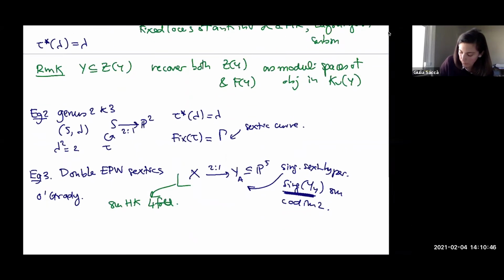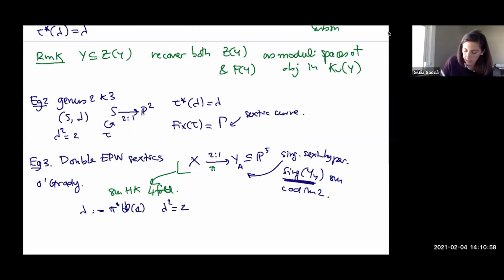And again, if you take the pullback of the O(1) from downstairs, we call it lambda, lambda square is equal to 2. And these form a locally complete family, so a codimension 1 family of polarized.